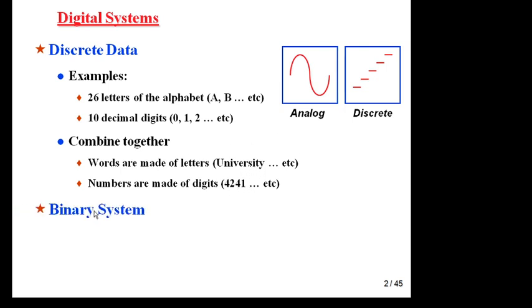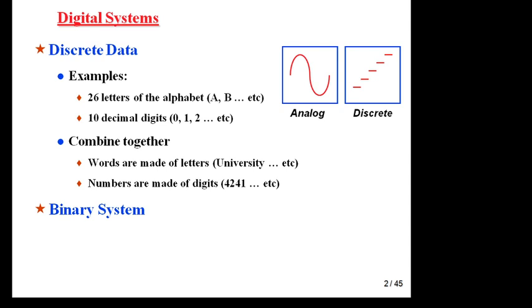Now come to binary number system. What is binary number system and what is the significance of this? Binary number system is used in digital computers. Computer can process only binary numbers, or digital signals.